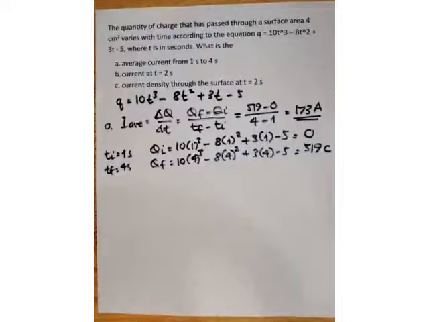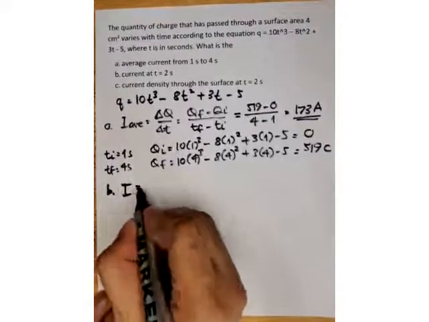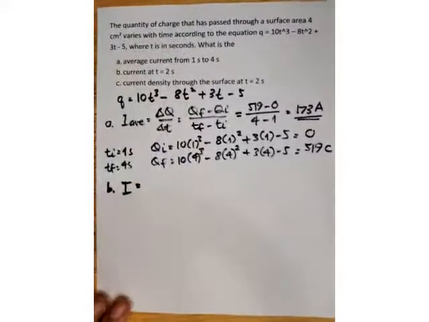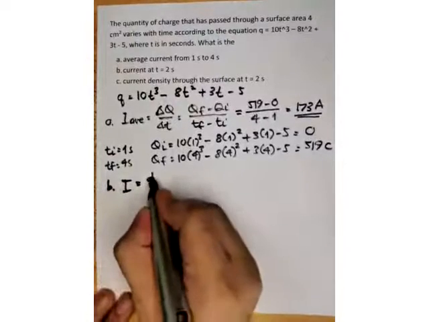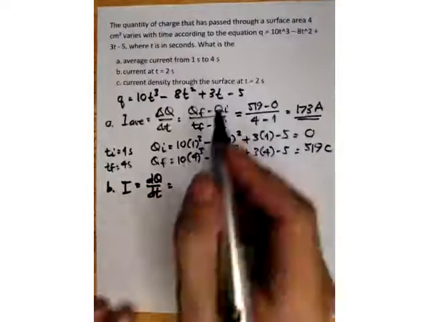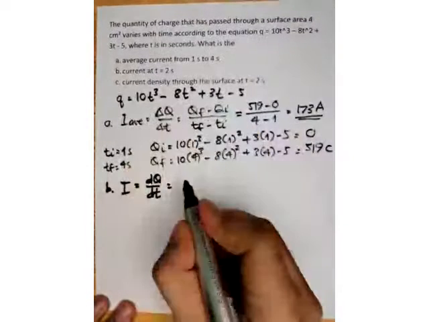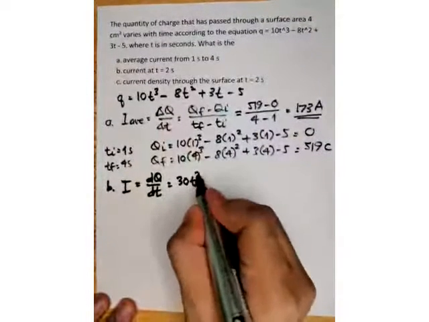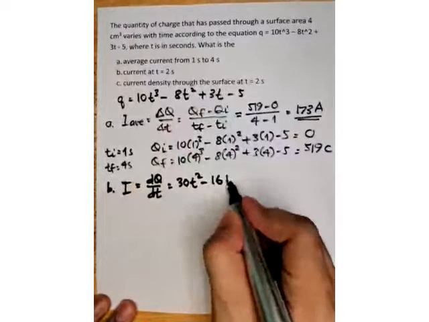Okay, so letter B. What's our instantaneous current? Sinabi instantaneous yan, so that's equal to dq over dt. That gets the first derivative. Derivative nito is 30t squared minus 16t plus 3. And then, isubstitute lang natin.